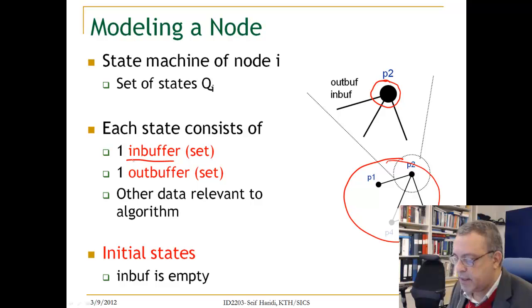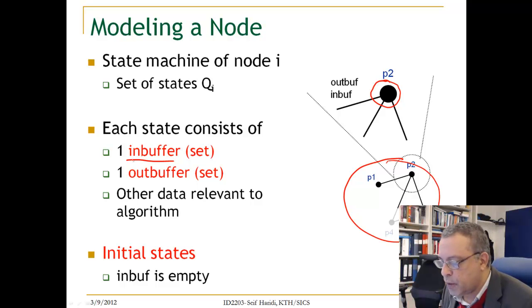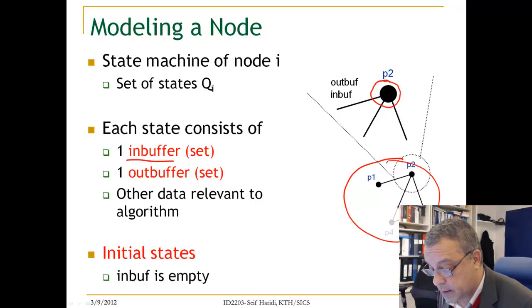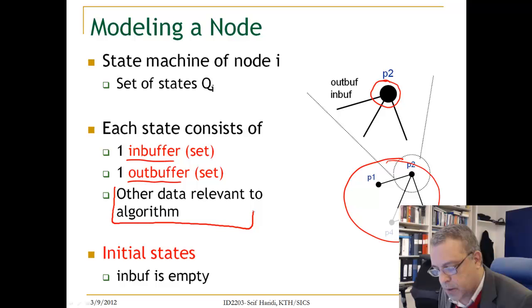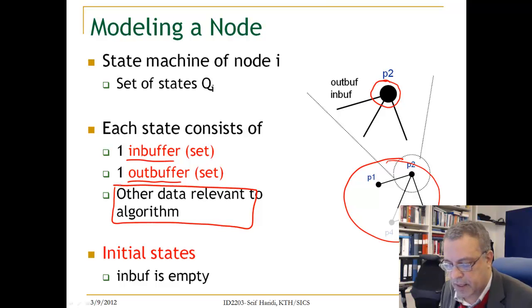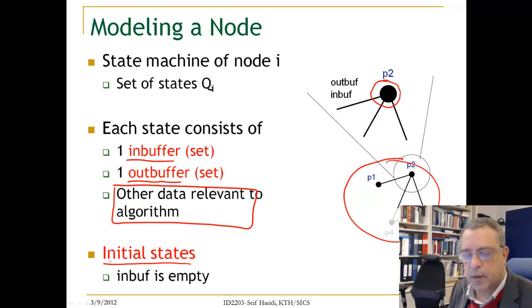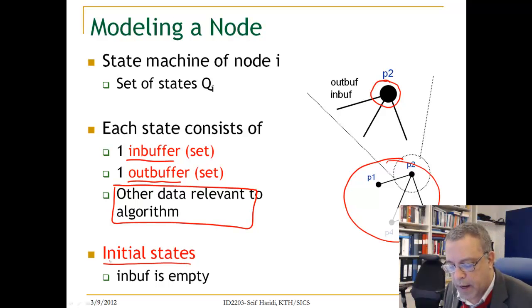This input buffer receives the messages coming in from other processes, other nodes, and an output buffer will send messages to other nodes. And then you have the local state, which we call here data relevant to the algorithm. And the initial state of a node, we will consider to be the state when the input buffer is empty. Okay.